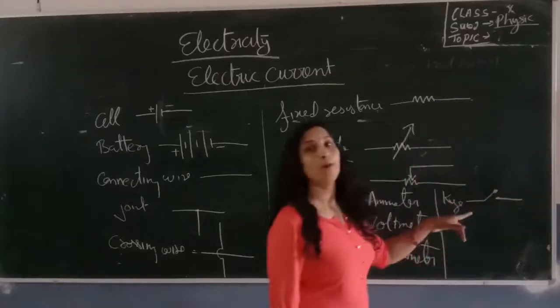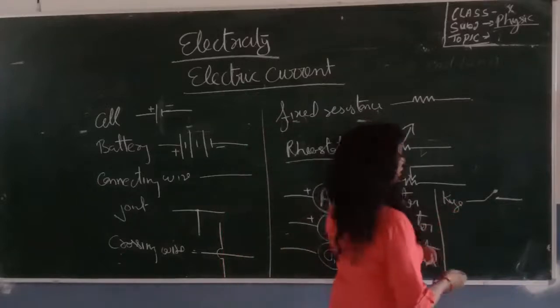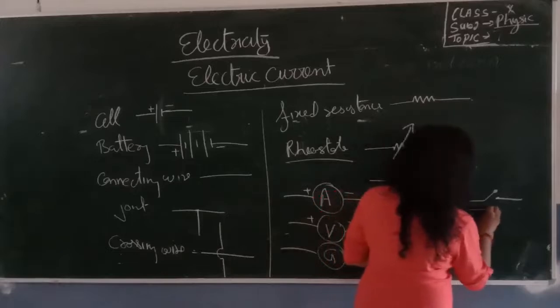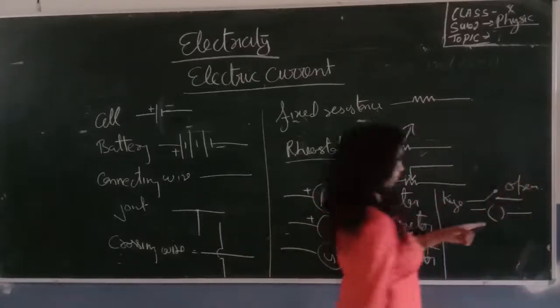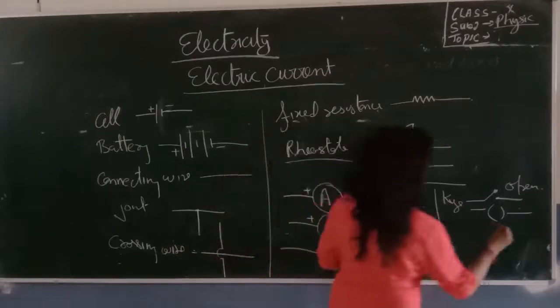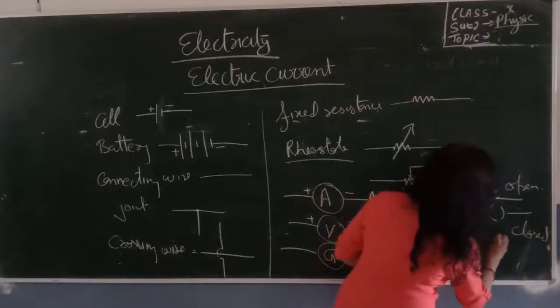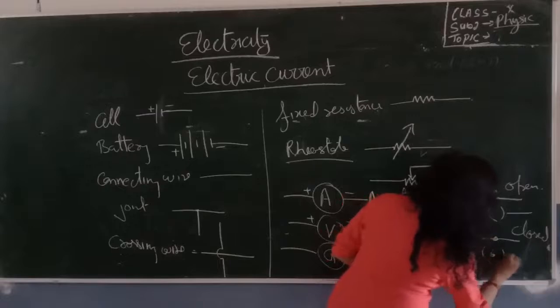This is called the open key. It will switch off, the current is not flowing. If we open the key, the current does not flow. We represent the open key by this or this. And if we switch on, it means closed key. The closed key is represented like this, or like this.